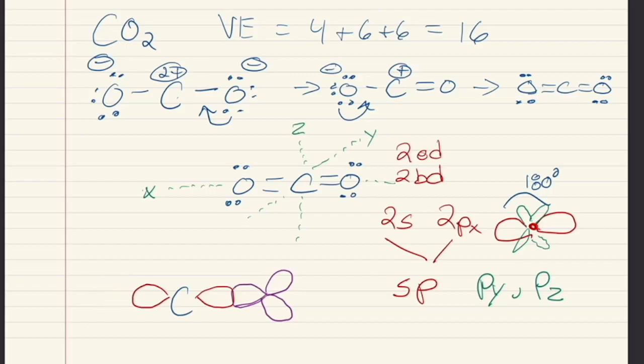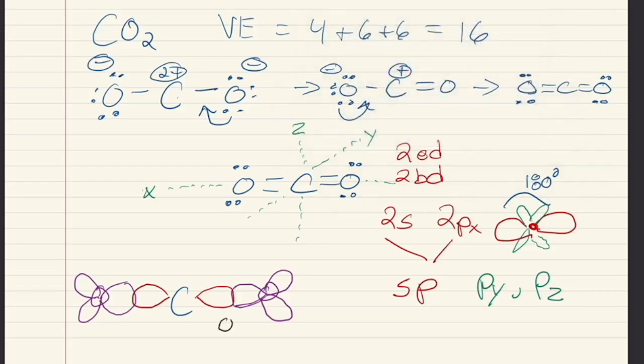I'm going to try to draw this, keeping in mind that my colors are showing the sigma bond of oxygen. So I'll just write the O in the center there, and this represents sigma bonds.